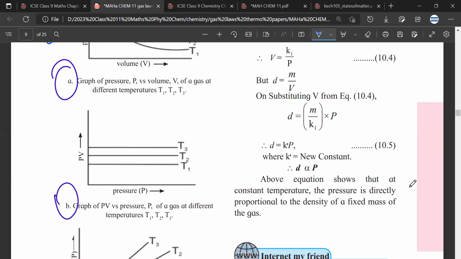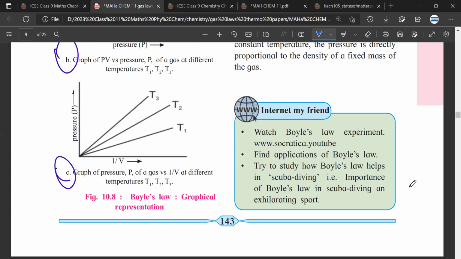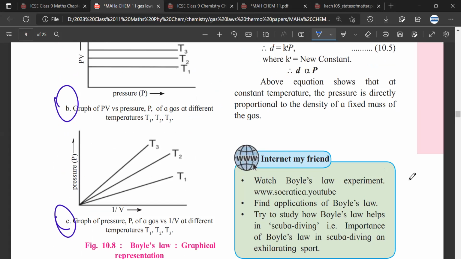Any doubt? No. Okay. Now, there is altogether a different kind of graph that you can see, and this is how it looks. Let us try to understand this also. So PV is equal to constant. So pressure can be written as K into 1 upon V. Any doubt?